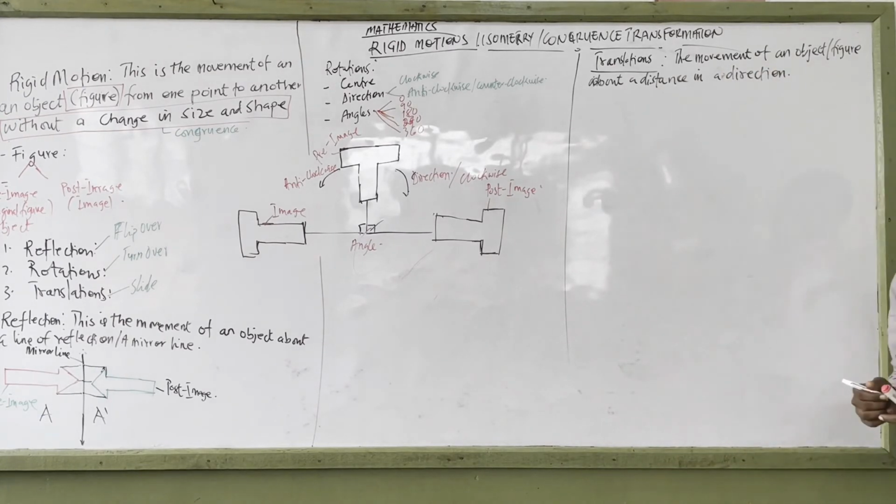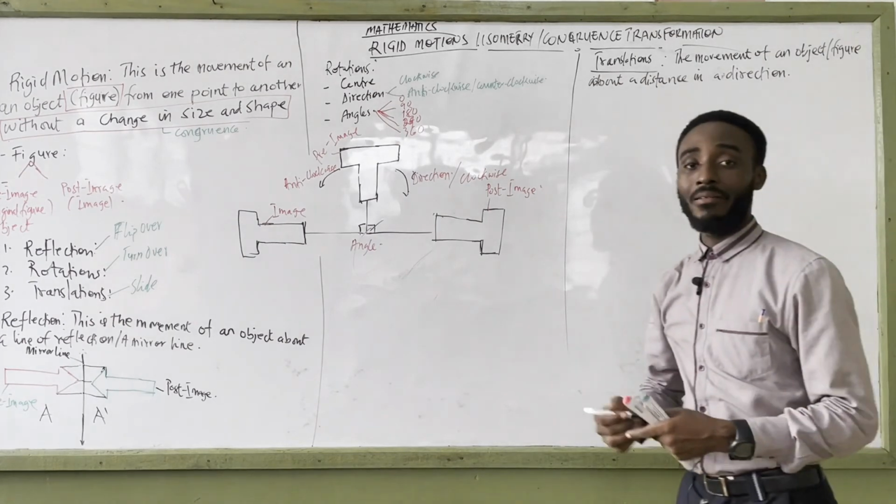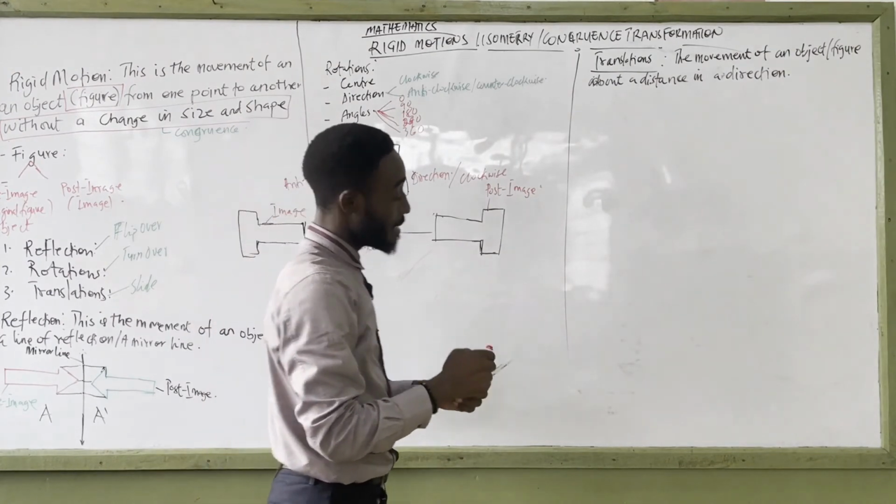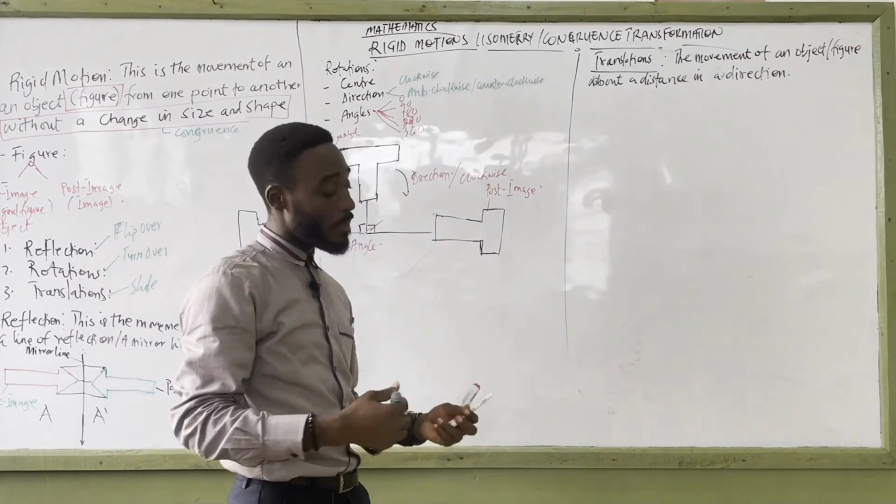And this direction should be the same as the direction of the object. The direction of the image should be the same as the direction of the pre-image.